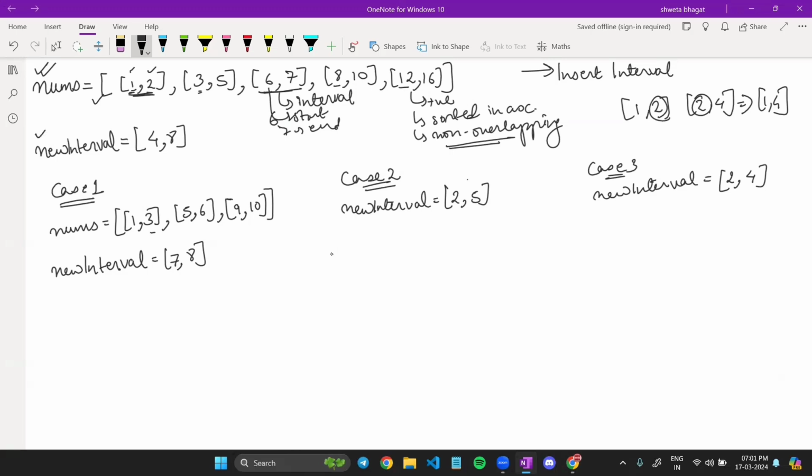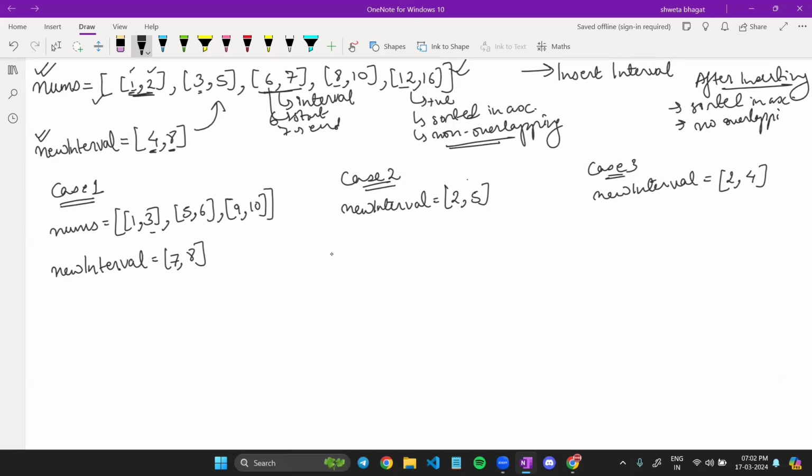Additionally, we have been given a new interval such that this 4 represents the start and this 8 represents the end of the interval. Fine. And what we have to do is insert this interval 4, 8 in nums such that after inserting, nums remains sorted in ascending order and there is no overlapping interval.